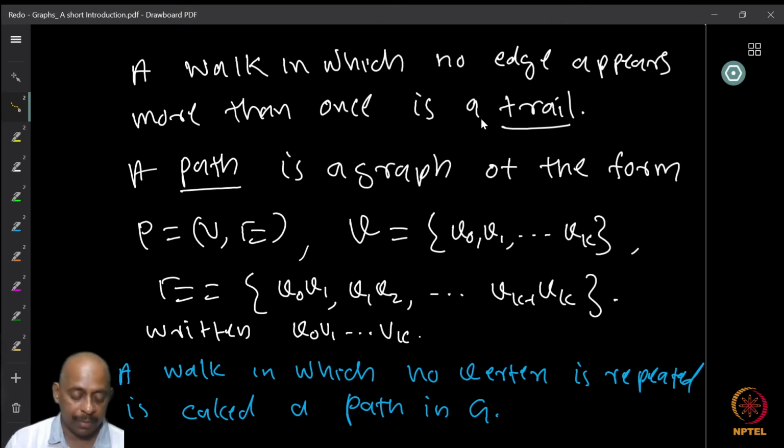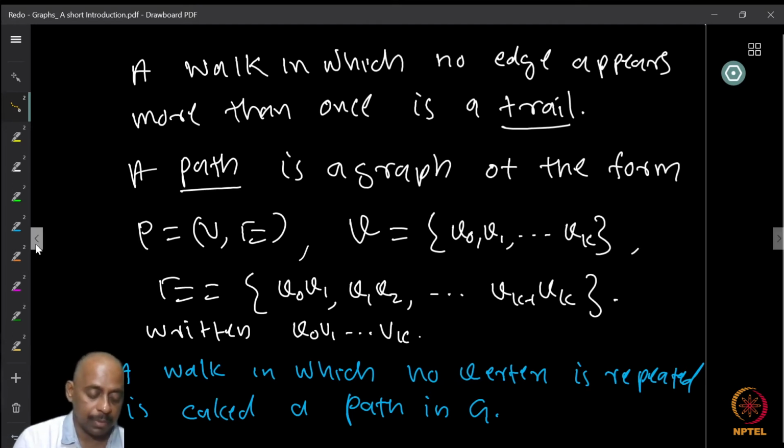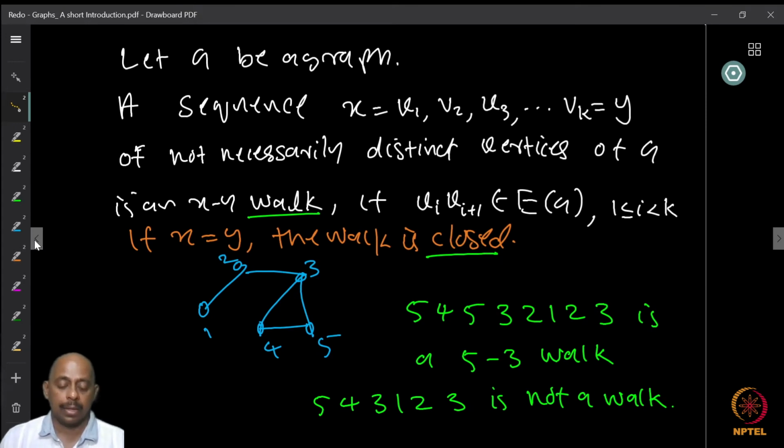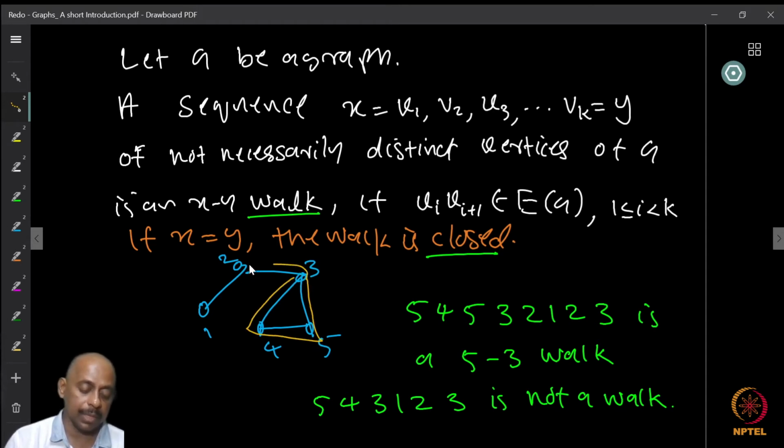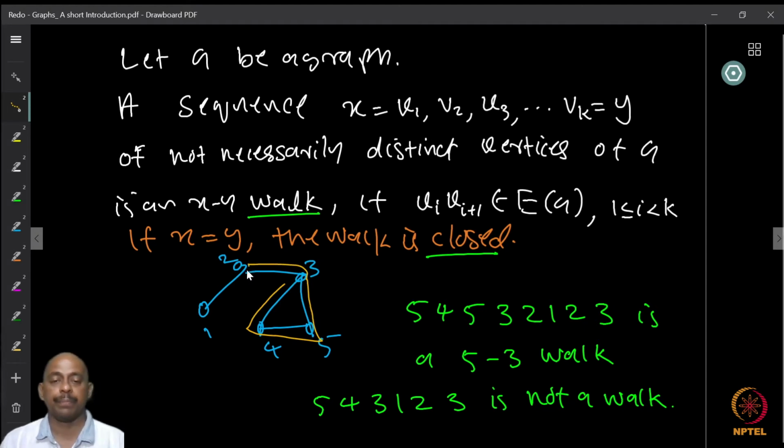For example, if you look at the same graph, I can define the following trail, right? Let's say I start from 3, 4, 5, 3, 2.